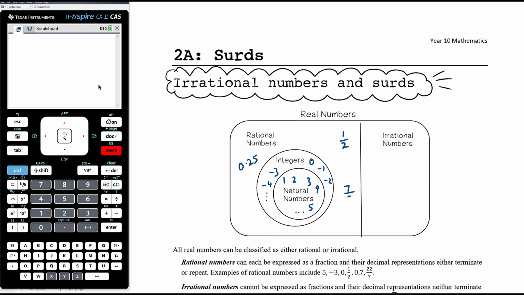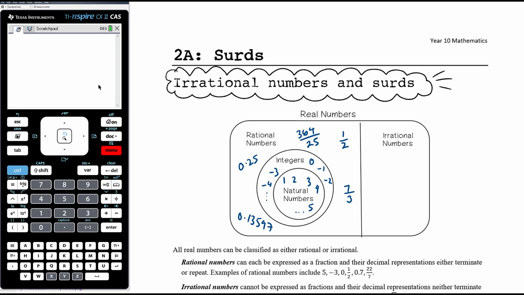It could be 7/3. It could be 364/25. It could be 0.13597, which can be written as a fraction. Most efficiently, you could write it as 13597/100,000. So anything that can be written as a fraction is a rational number.